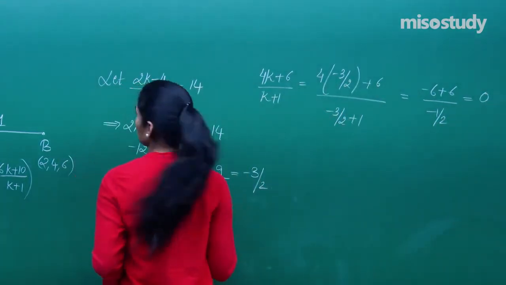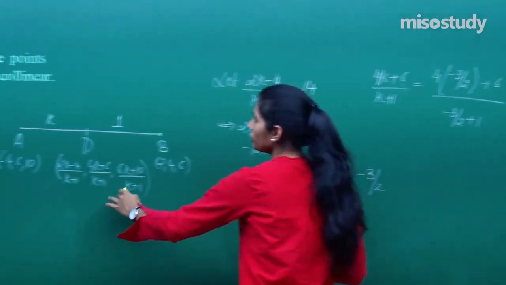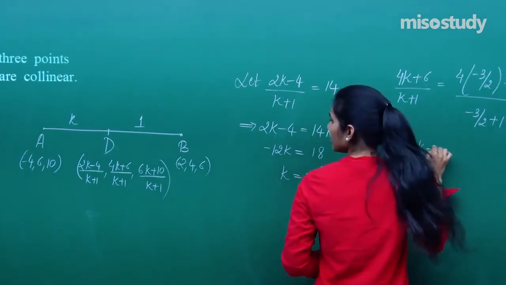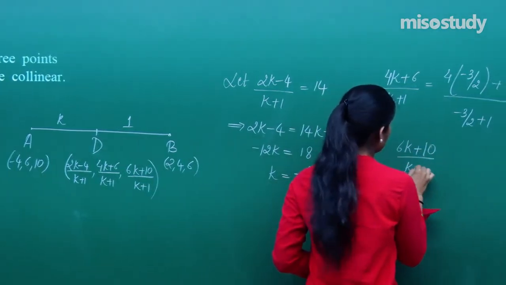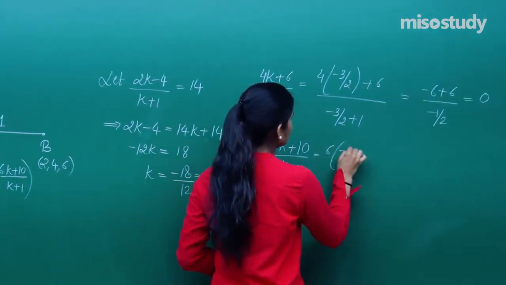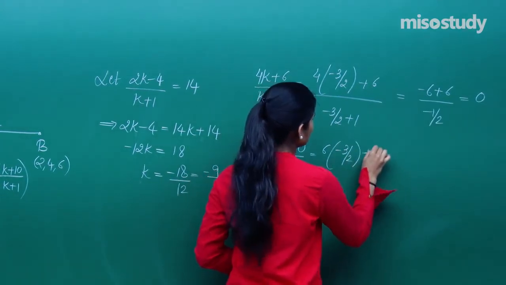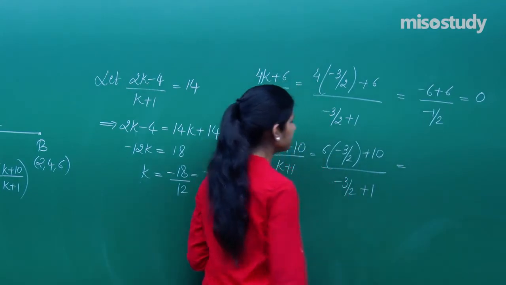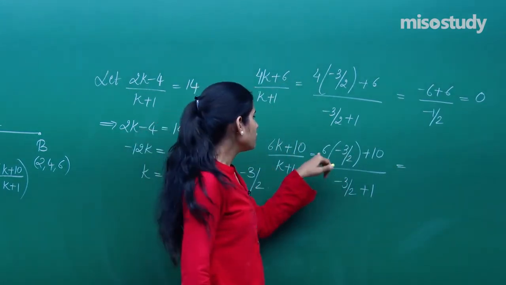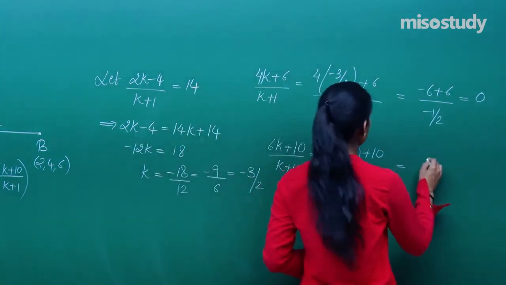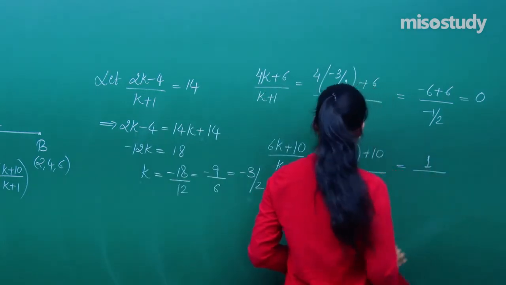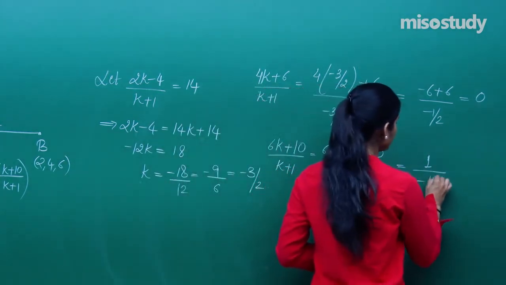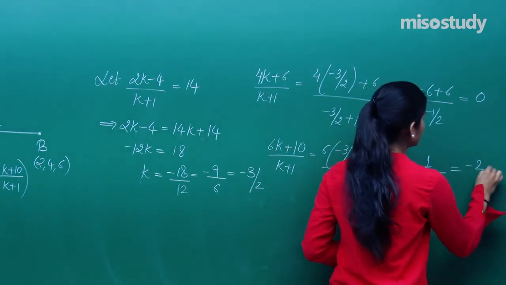And for the same value of k, let me see if z coordinate of D is coming out to be equal to z coordinate of C or not. 6k plus 10 upon k plus 1 turns out to be 6 into minus 3 by 2 plus 10 upon minus 3 by 2 plus 1. This gives you minus 9 plus 10, which is 1, whole upon minus 3 plus 2 over 2, that is minus 1 by 2, which is minus 2.